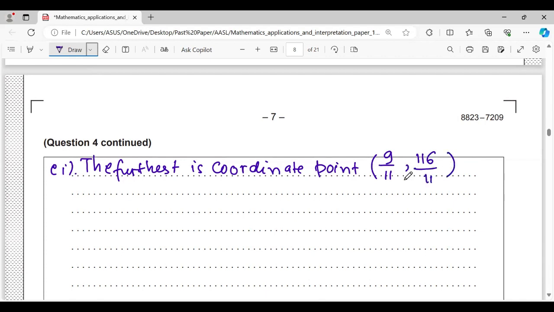If you calculate the distance, you can find that this is the farthest coordinate point from C (8, 13).